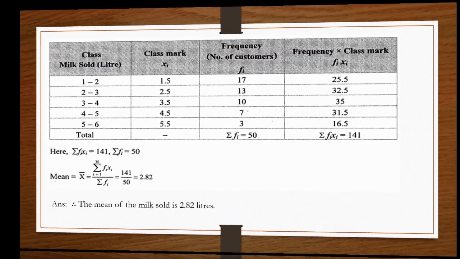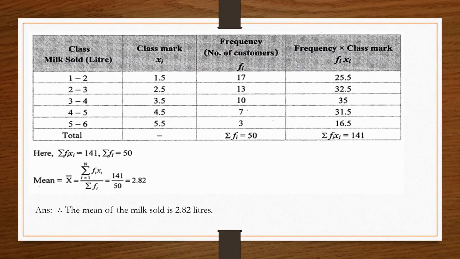Here also we have to make the table with 4 columns. First one is the class, second one is the class mark, frequency fi is in the third column, and frequency into class mark fi xi is in the fourth column. The first column is 1 to 2, 2 to 3, 3 to 4, 4 to 5, and 5 to 6.